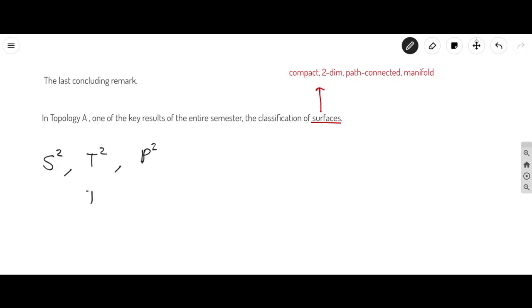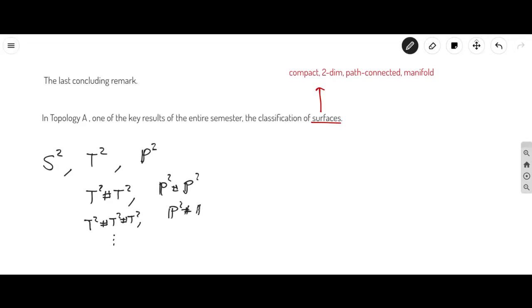So you can then take the connected sum of two tori. So if you have no idea what this means, then just ignore that. But if you have taken topology A, or you know what I'm talking about, then what I'm about to say will make sense. And then you can take the connected sum of three tori, and so on. And the other thing you can do is you can take two copies of the projective plane. For those of you who might recall, this is the Klein bottle.